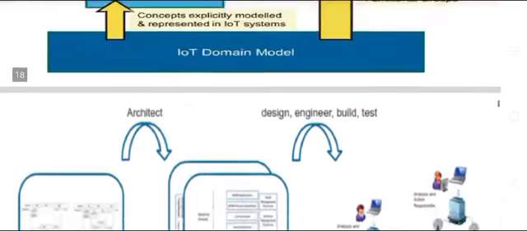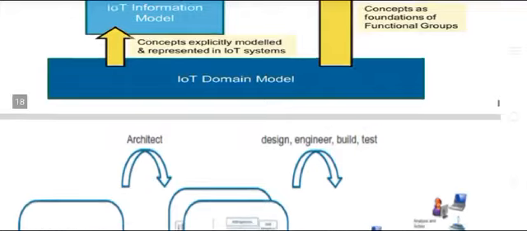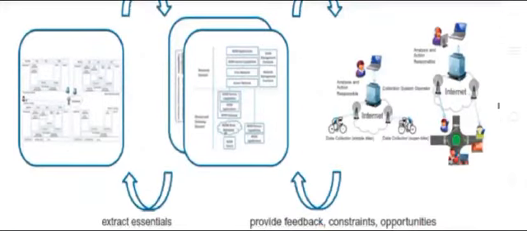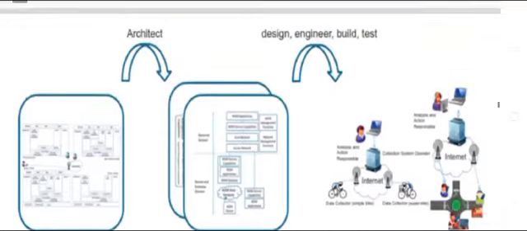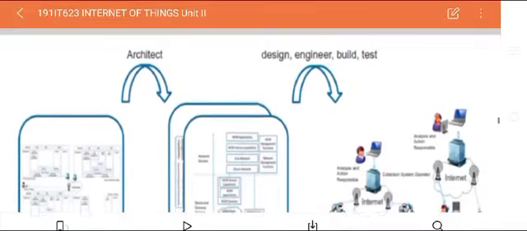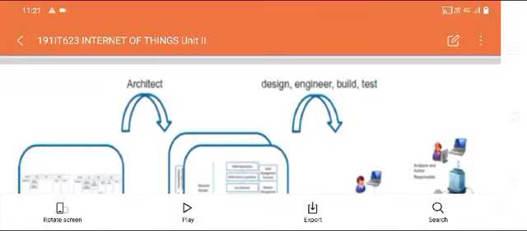In this concrete architecture, we will be designing, engineering, building and testing the components, and we'll be sending them to actual systems. And the actual system consists of internet analysis and all.